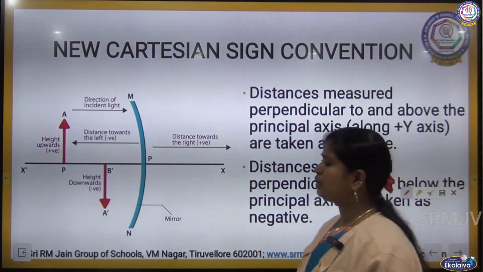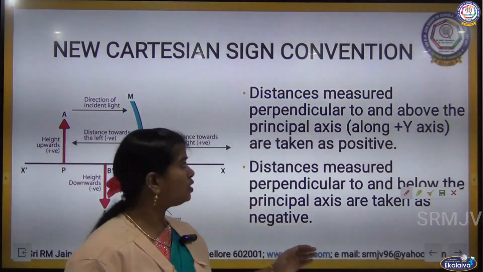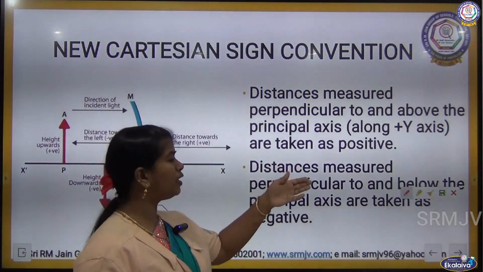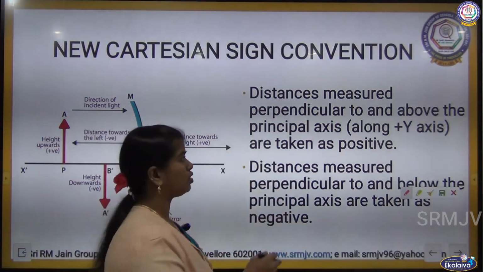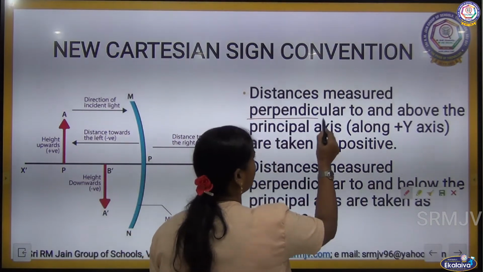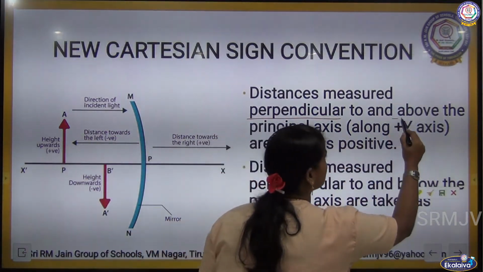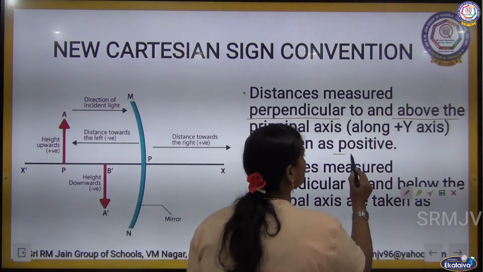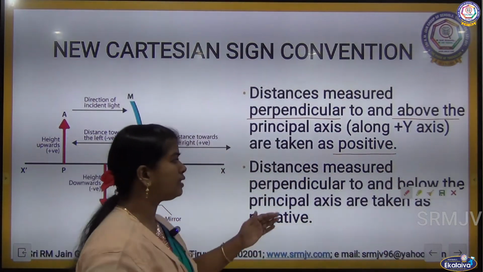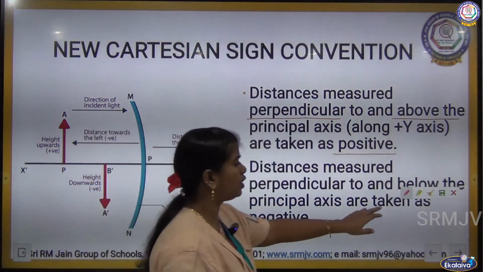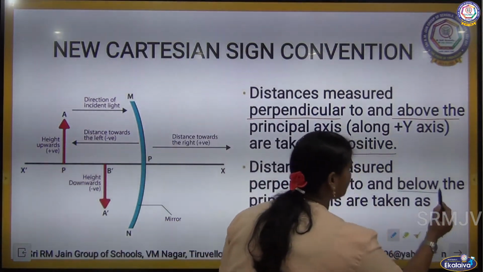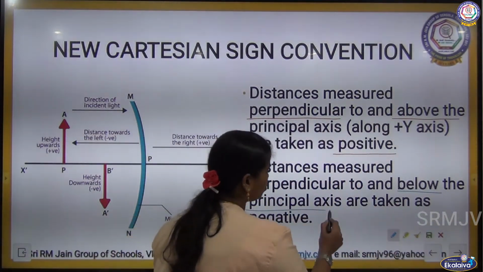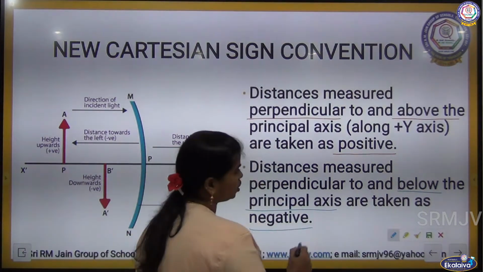The fourth rule tells that distances measured perpendicular and above the principal axis are taken as positive, and distances measured perpendicular and below the principal axis are taken as negative.